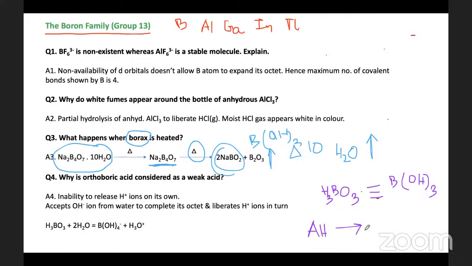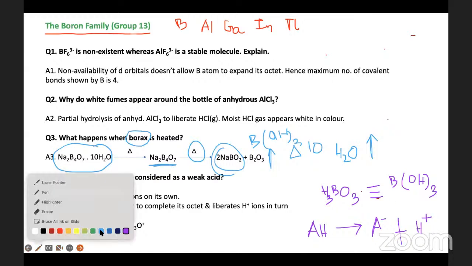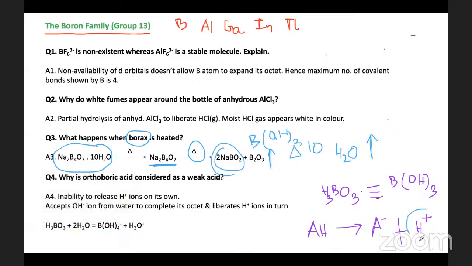If it is releasing A minus, and it is also releasing H plus, then depending upon how efficiently it can expel this H plus, the acidity of this AH molecule is determined. The more stable the A minus is, the more AH will produce A minus, so the more H plus will be produced.